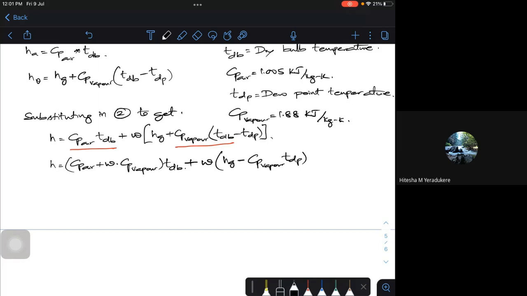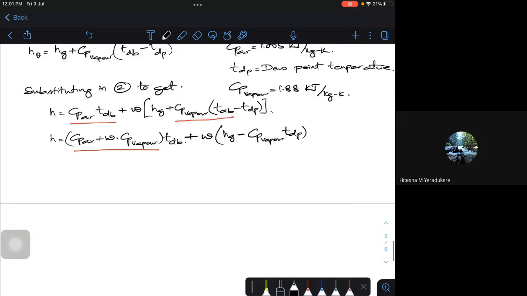Now, if you want, you can combine this. They combine it as the specific heat of humid air, or humid specific heat.